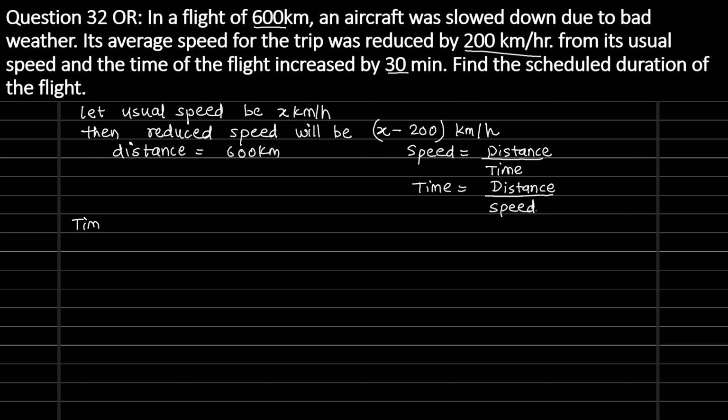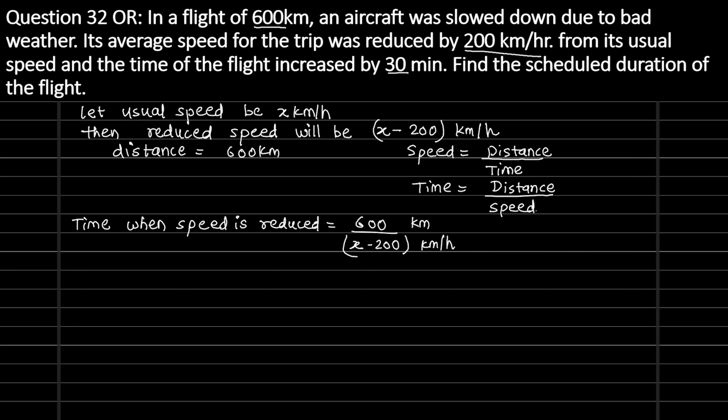Since distance is the same, it will be 600 kilometers divided by the reduced speed, x minus 200 kilometer per hour.